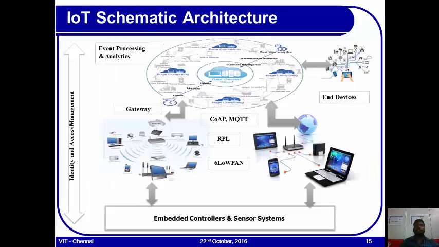The overall architecture looks like this. We have a base layer with embedded controllers and sensors where the data acquisition takes place, and the next level is networking. We have a 6LoWPAN IPv6 based adaptation layer.